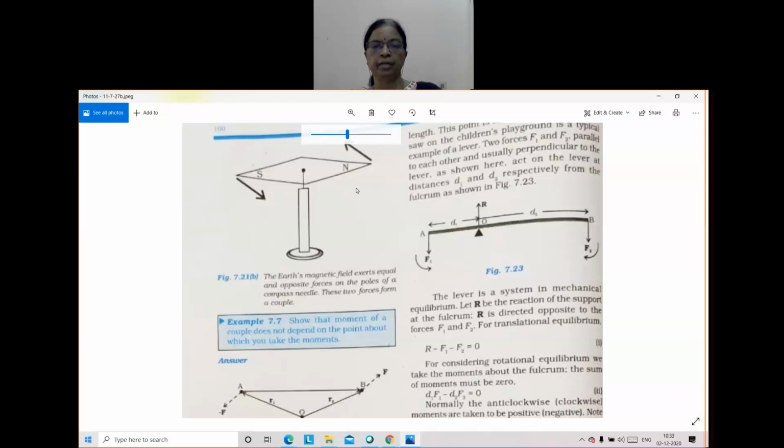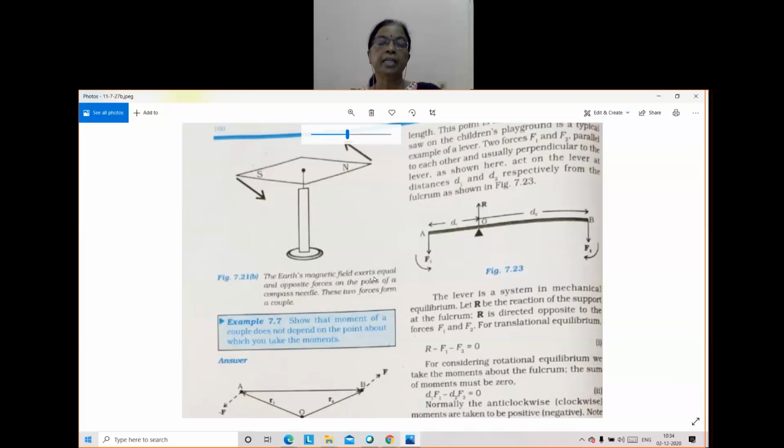That will be confusing. You just have to understand this thing. These two poles will experience equal and opposite force by the Earth. So what happens? It will rotate and come to align in the Earth's magnetic field direction, north-south direction.